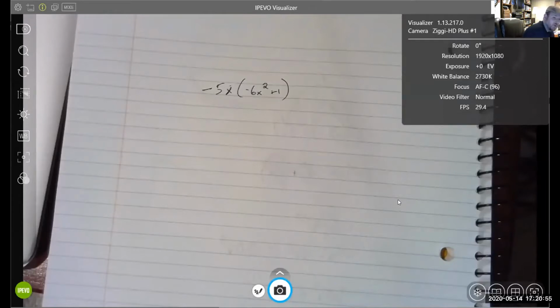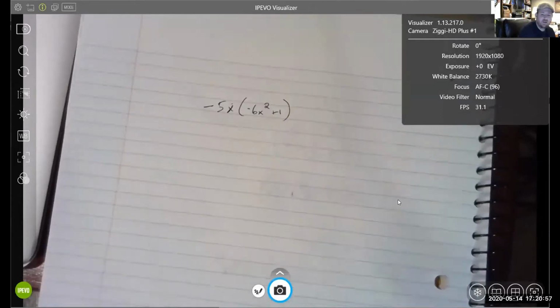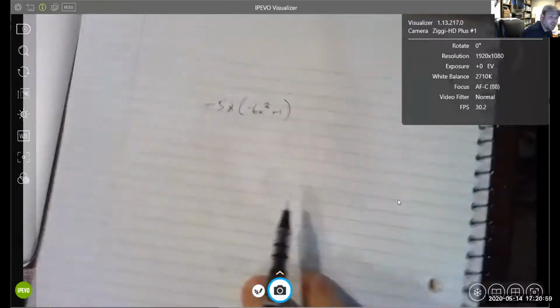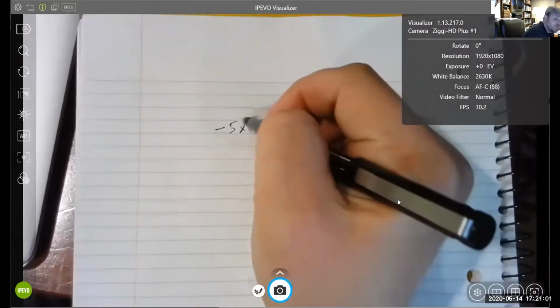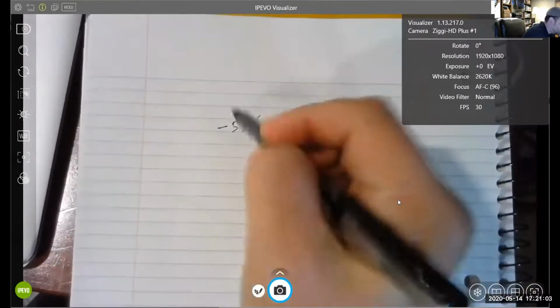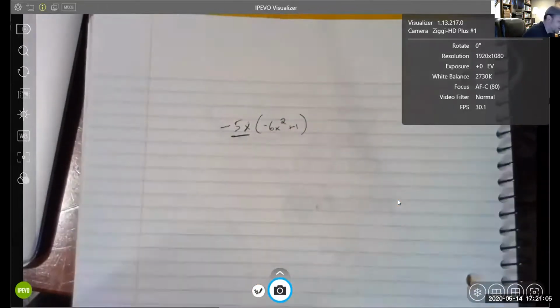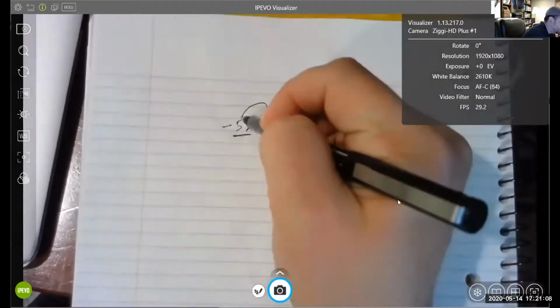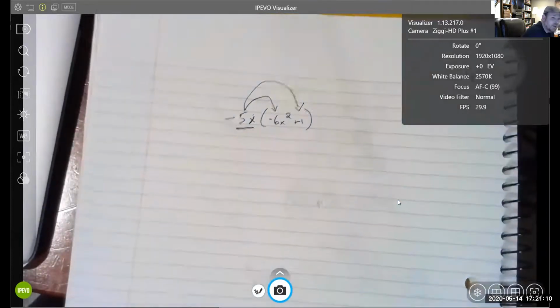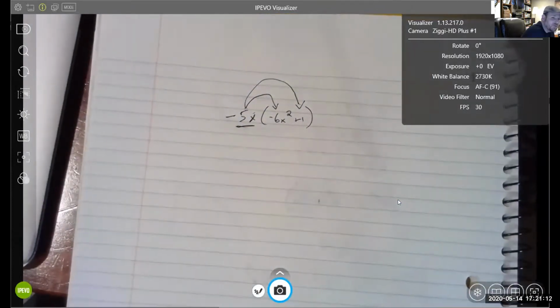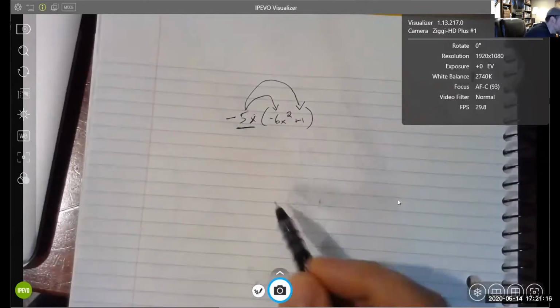So you will know that, there's my hand. Okay, good. Remember, you've seen this a million times, that the distributive property is you take that number that's on the outside and you multiply it by each number on the inside. Remember drawing those lines like that to show you how to do that.